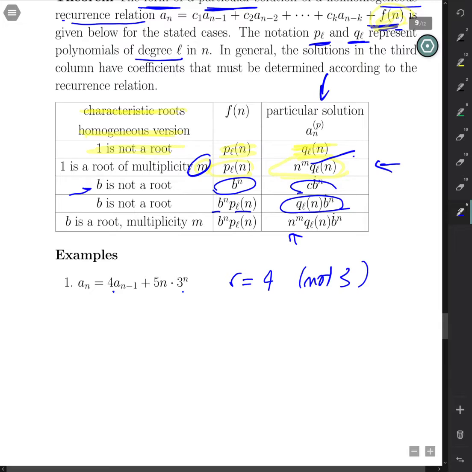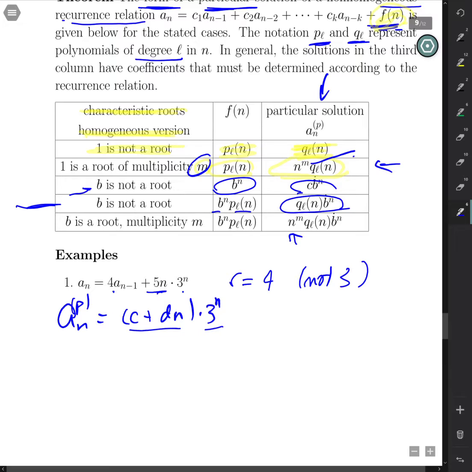So we're in this one right here, actually the second line of that sort, because we have a polynomial here, and that's degree 1. So the particular solution is going to have the form c plus dn times 3 to the n. Okay, a polynomial of the same degree as that right there, and then times 3 to the n.